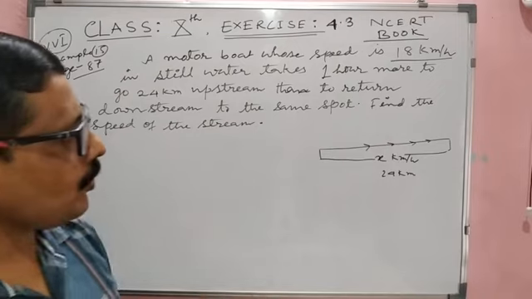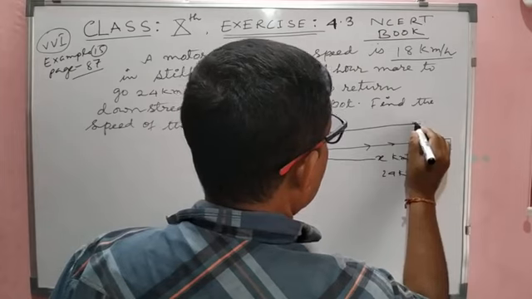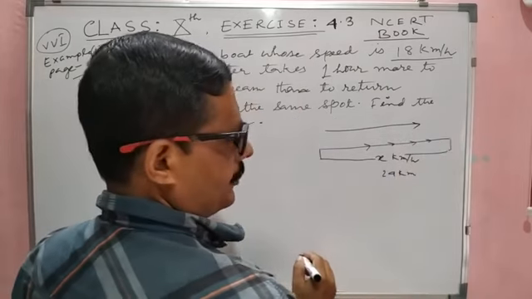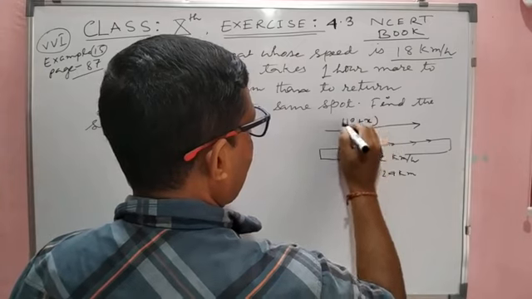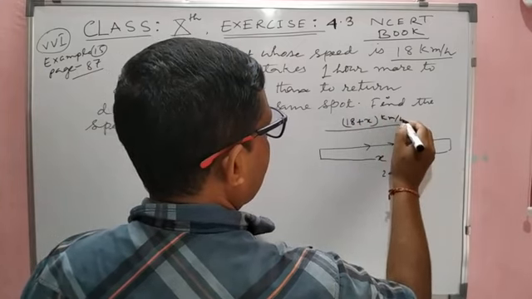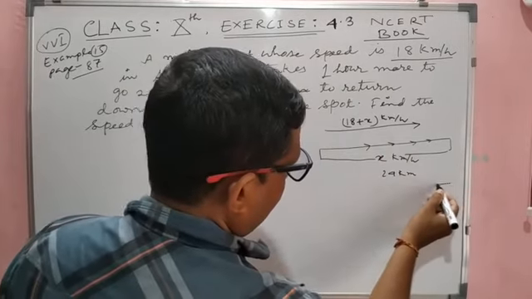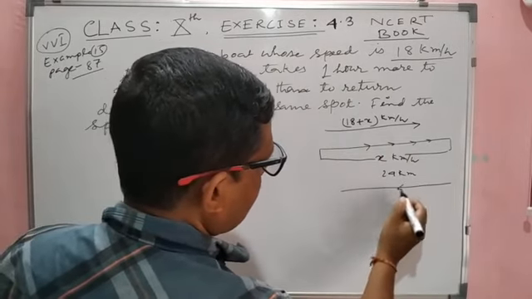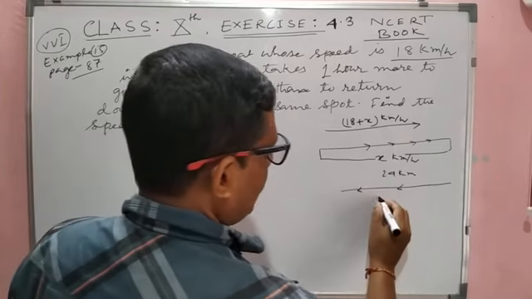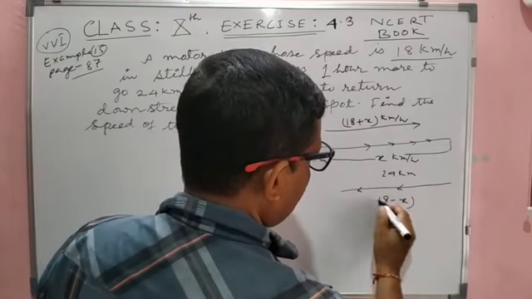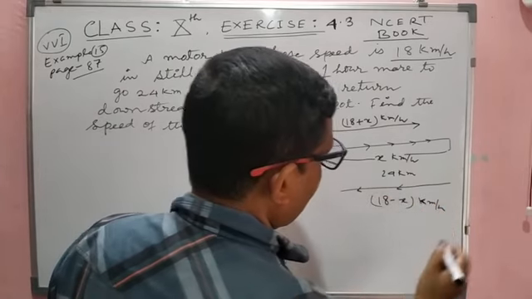So if the boat goes in the same direction as that of stream, then its speed will be 18 plus x kilometer per hour. But if it moves in the opposite direction of the stream, then its speed will be 18 minus x kilometer per hour.